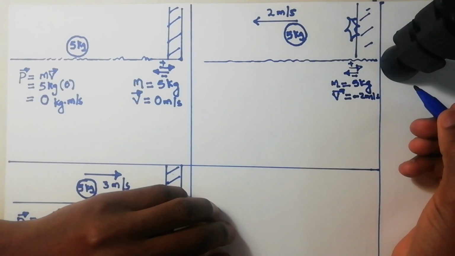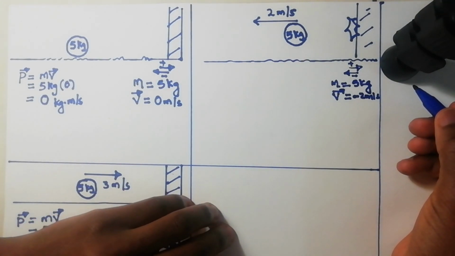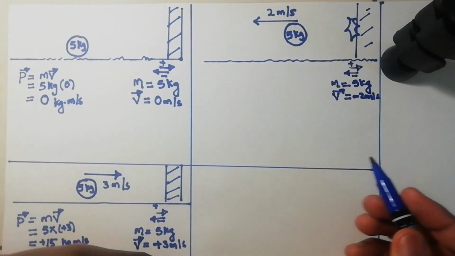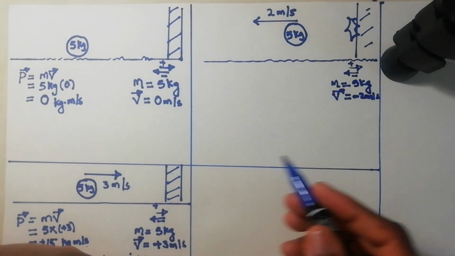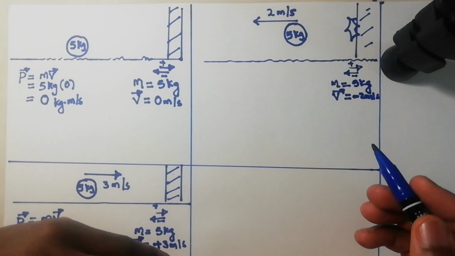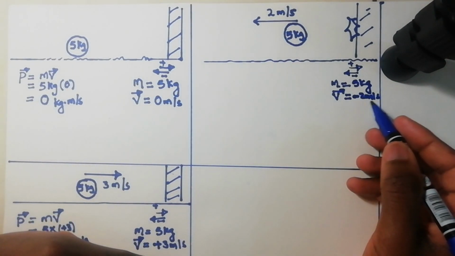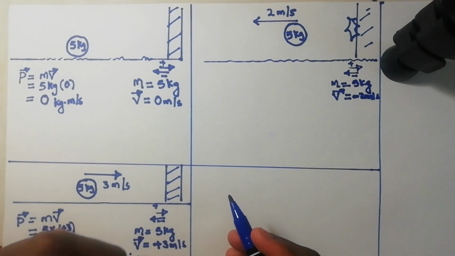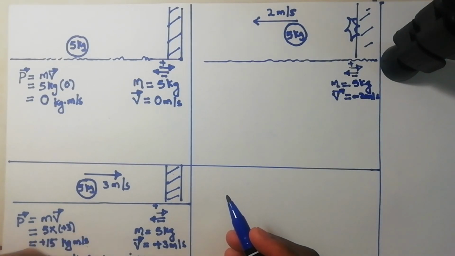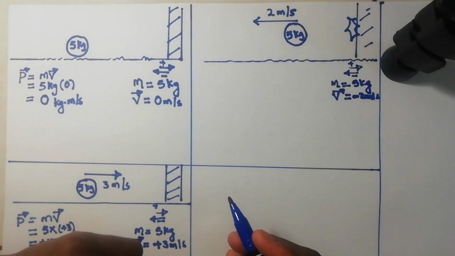Why negative 2 meters per second? Because now the ball is going towards the negative direction. Velocity is a vector quantity, so this is the direction and the magnitude. And here you can see that the velocity of the ball has decreased after the collision. I'm going to ask you the question: why did the velocity of the ball decrease?